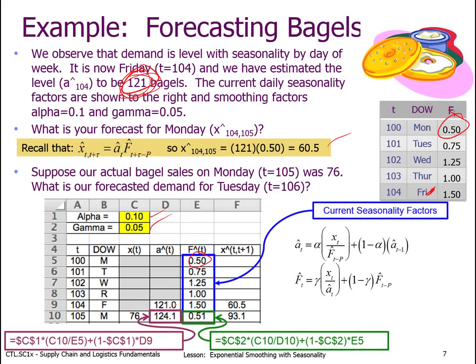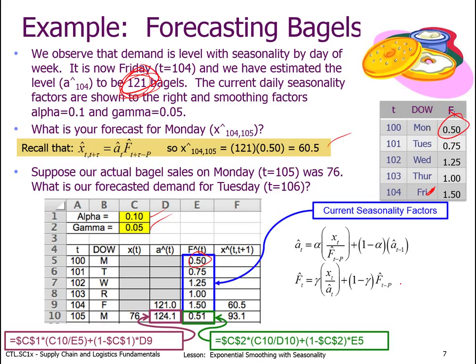For the seasonality, I have the gamma times, I'm de-leveling here, C10. What is C10? The most recent demand that came in, divided by D10. What is that? What I just calculated, the most current level estimate. I'm going to add to that 1 minus gamma times what's in E5. What's in E5? Well, that's, again, the Monday, because I'm estimating what is the seasonality at Monday.